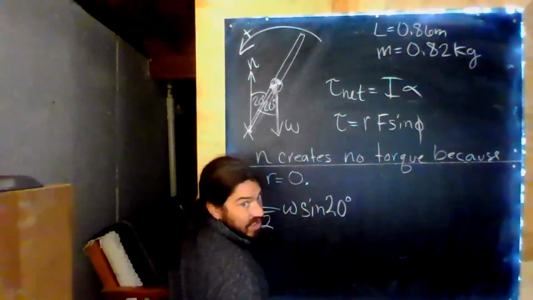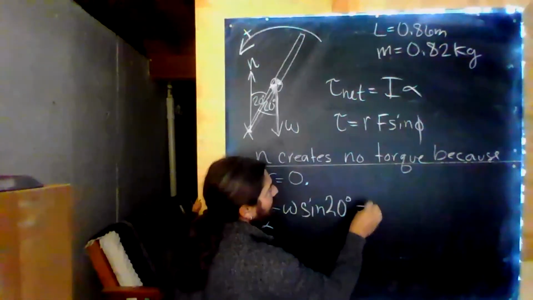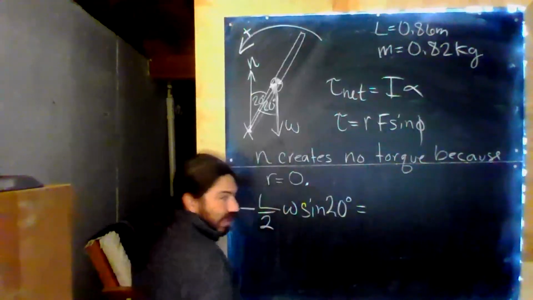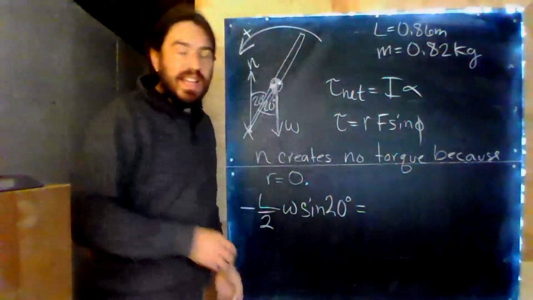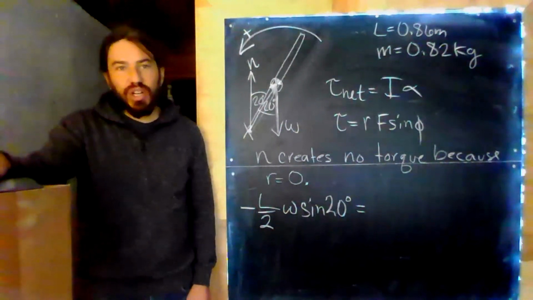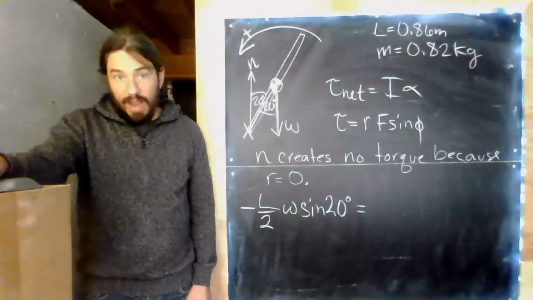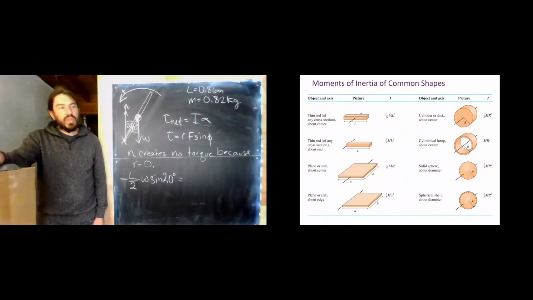Remember, Newton's second law is instructions. It says take all the torques, add them up, set them equal to I times alpha. What is I? Well, this is a uniform cylinder. What we should do is look it up in that chart that I posted in the previous PowerPoint. Here it is. Which one of these is a uniform cylinder?